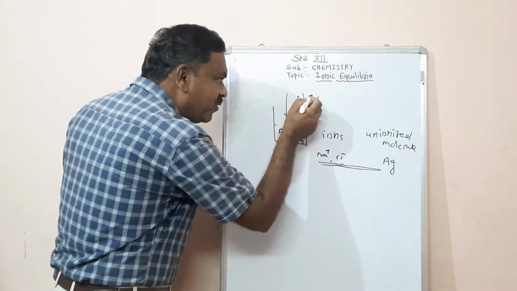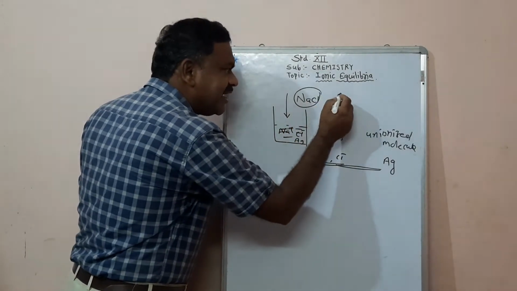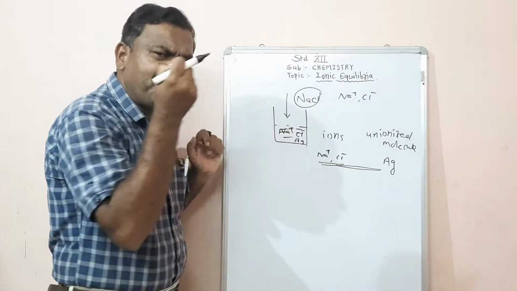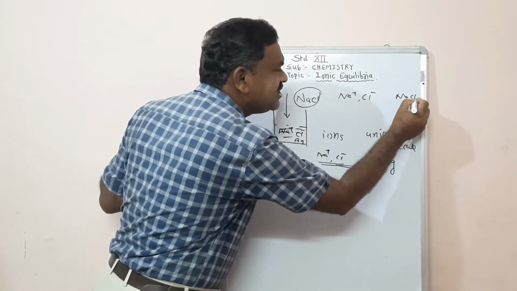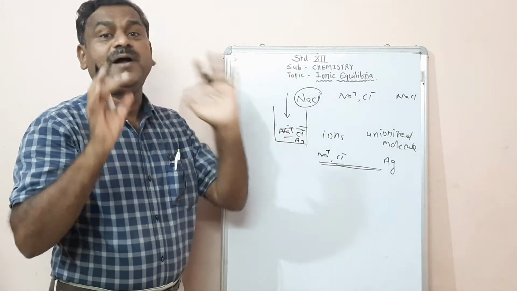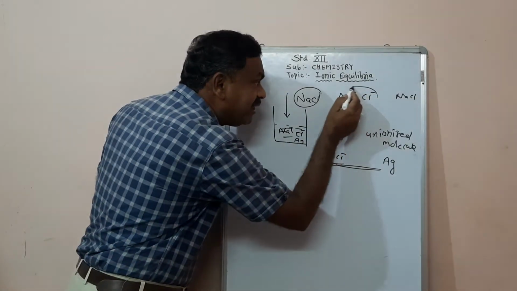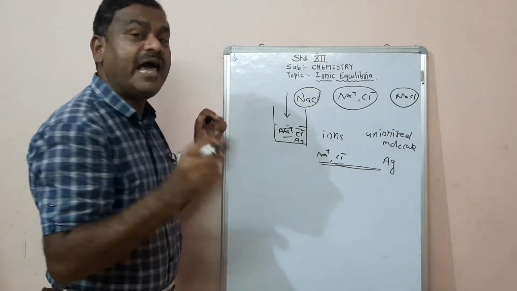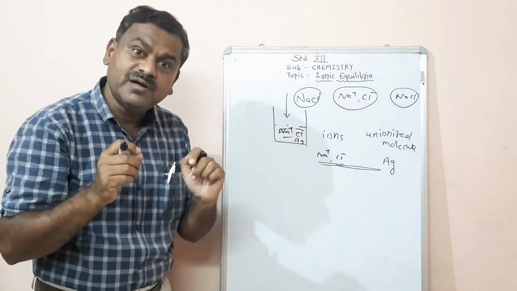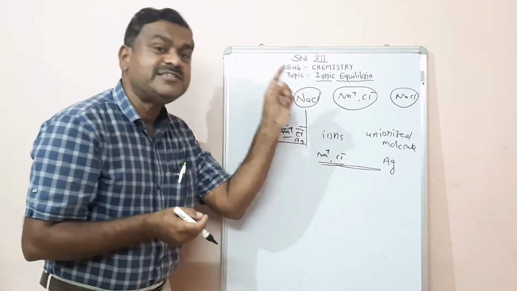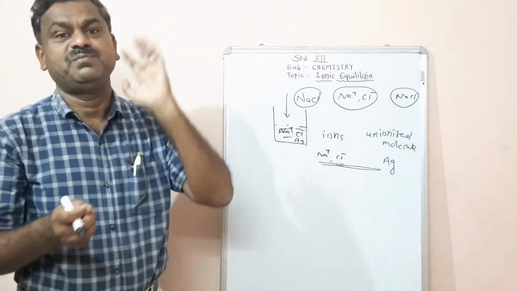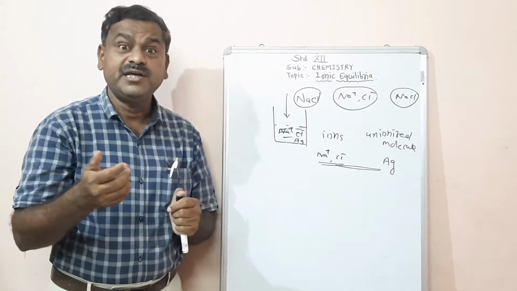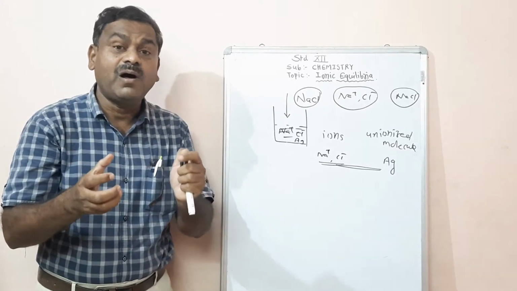Out of this NaCl, Na plus and Cl minus are the ions, and a very small amount of NaCl is unionized. So the equilibrium between the ions and the unionized molecules in an aqueous solution, or in water, is known as ionic equilibrium. In this ionic equilibrium, we have to study the concentration of the ions.